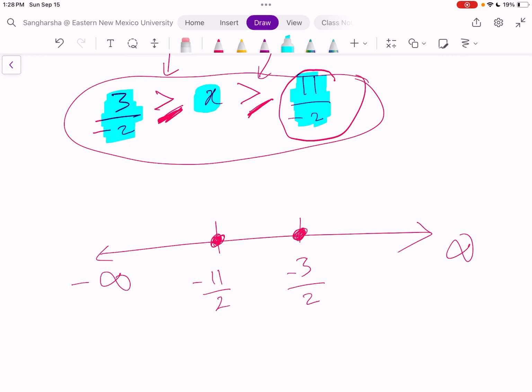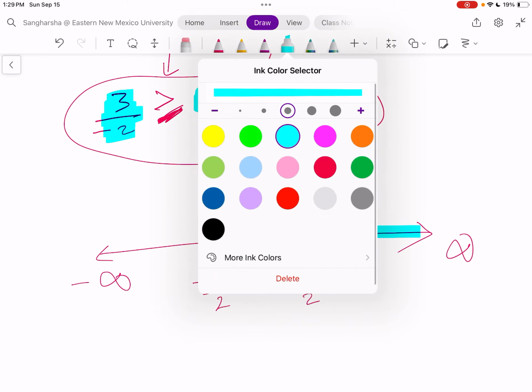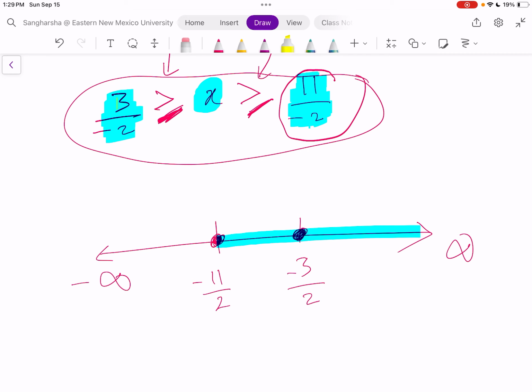Where do we find x which is greater than negative 11 over 2? Greater than negative 11 over 2 means on the right, and less than negative 3 over 2 means on the left of it. So you see this common region here, this is the solution.